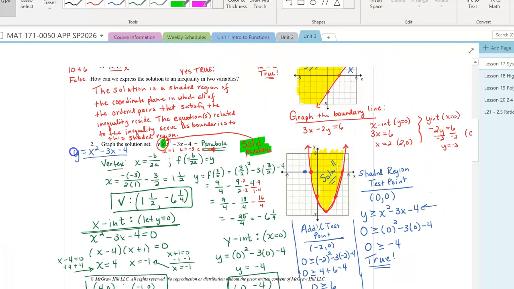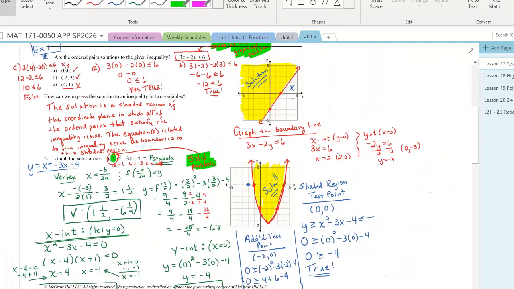Now, there is one other thing I want to point out here. Notice that in this case, we had a greater than or equal to, and y was by itself on one side. When y is by itself on one side, you can just use the inequality because this region would be considered above the parabola, whereas the outside would be considered below.